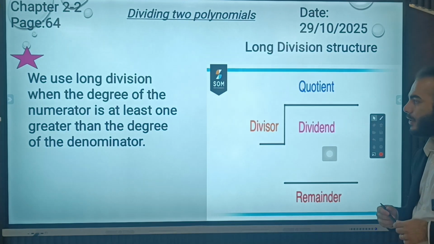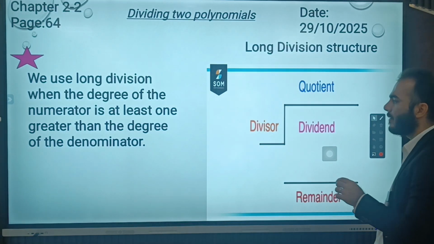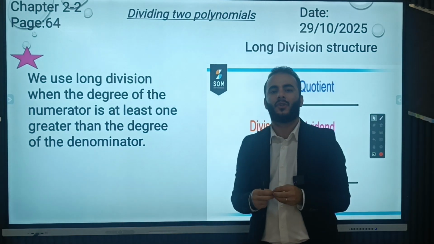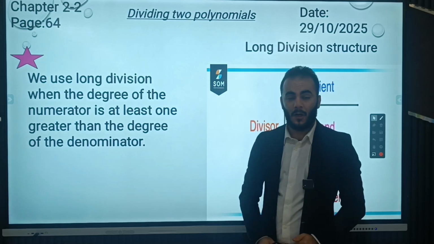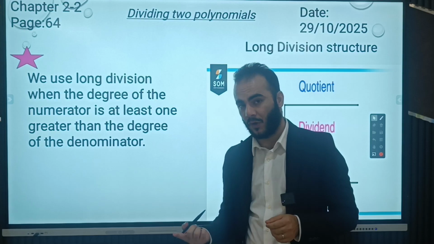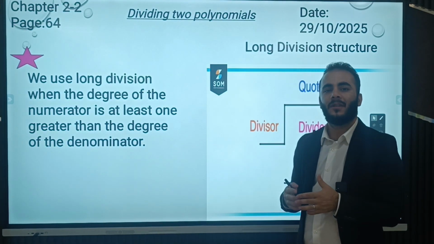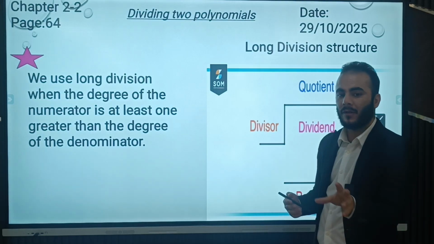We use long division when the degree of the numerator is at least 1 greater than the degree of the denominator. In order to divide polynomials, we need to use long division that you studied in a previous grade, but you studied it for numerical examples. In this lesson, we are going to study it for polynomials.